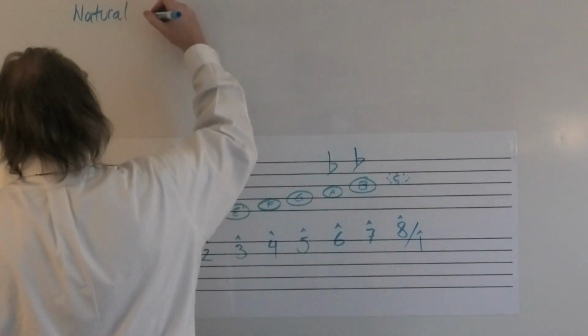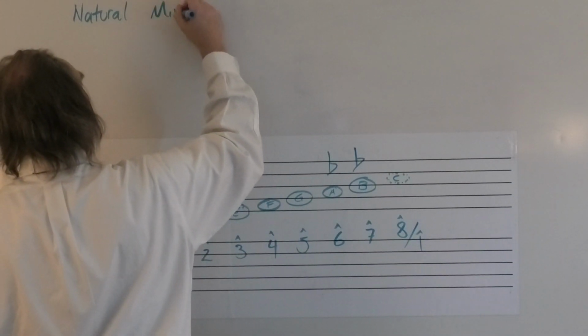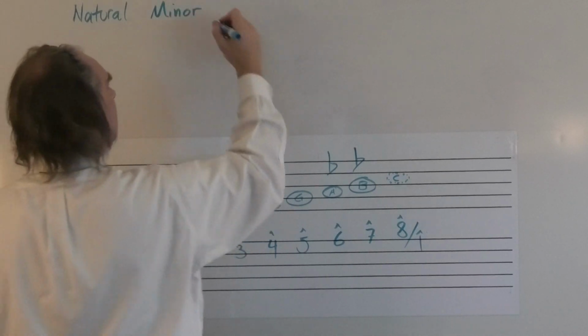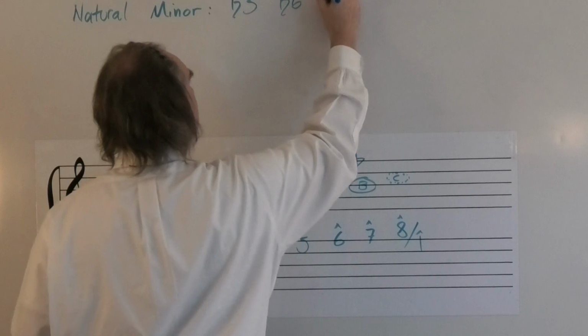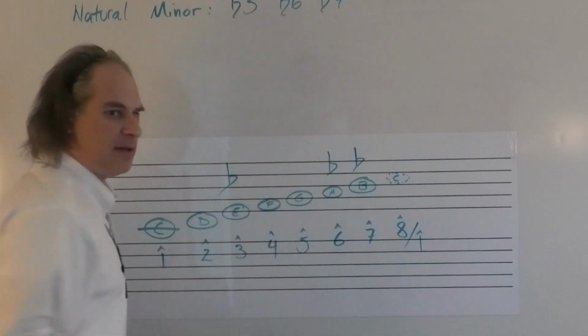The natural minor takes a major scale and you flat 3, flat 6, and flat 7.